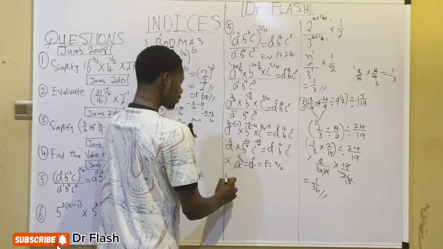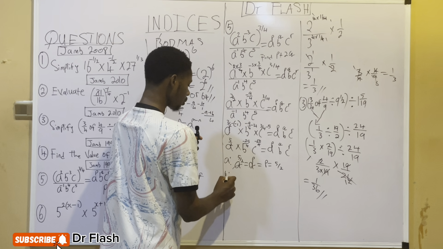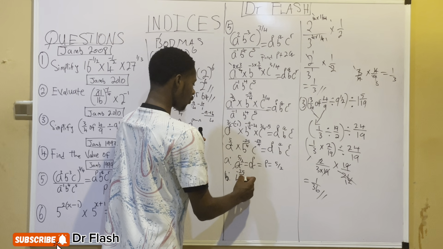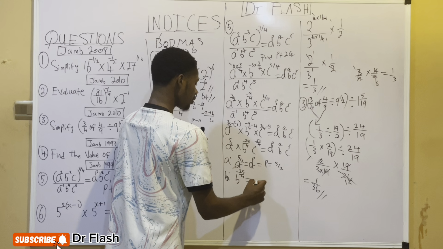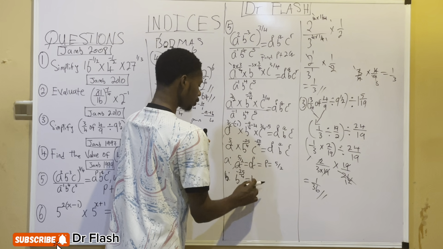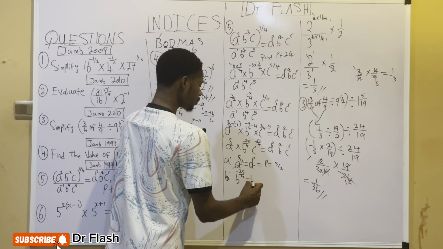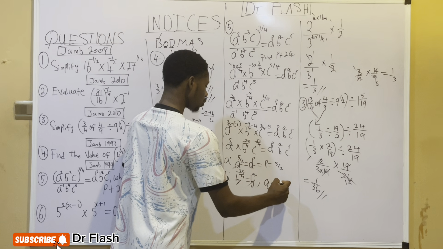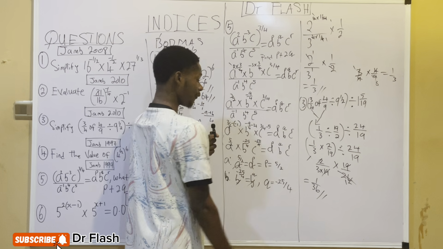Now for b, we're having b to the power of minus 25 over 4 equals b raised to power q. So b can cancel out, and then q will be equal to minus 25 over 4.